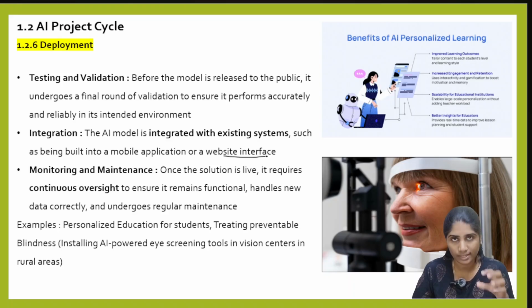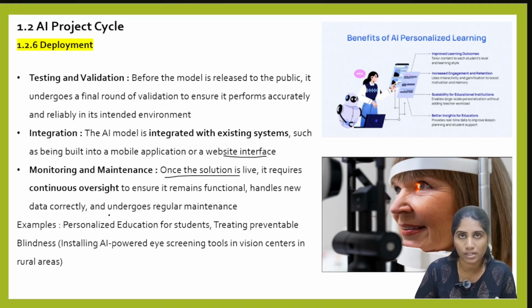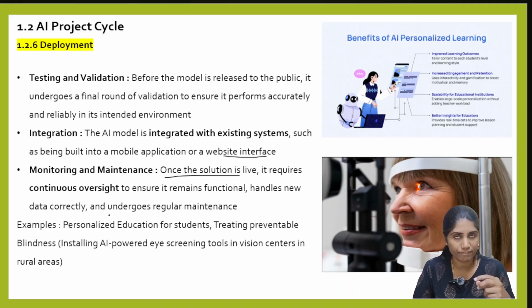As an AI developer, once you release the AI model, you have to monitor it on a regular basis. Once the solution is live, it requires continuous oversight to ensure it remains functional, handles new data accurately, and undergoes regular maintenance. What happens when there is a bug? We have to go ahead and fix it.